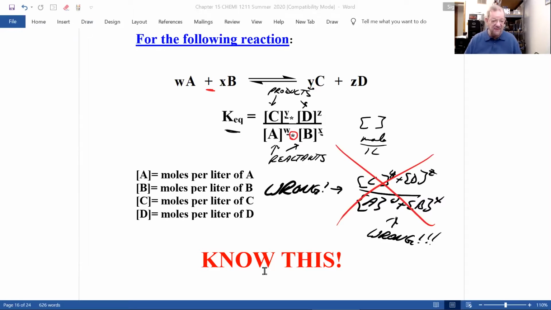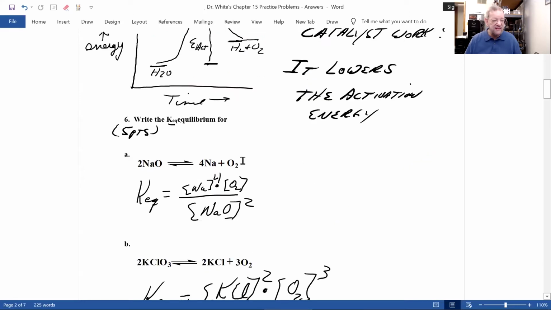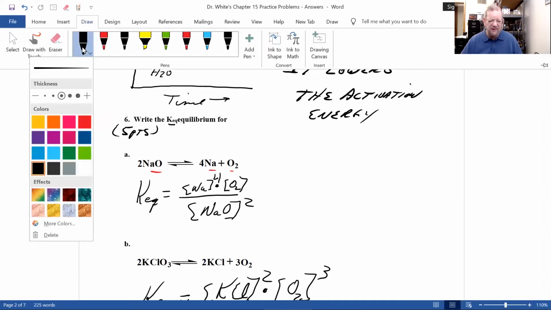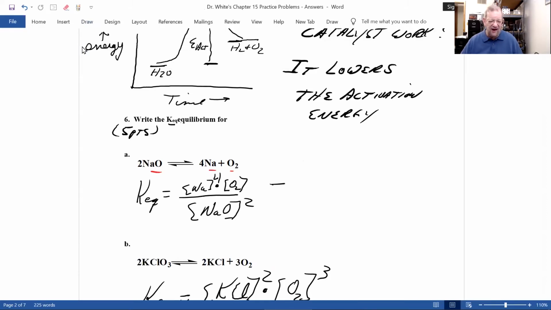So let's look at the problem. If we look at A, we have sodium oxide in equilibrium with sodium and oxygen. And remember, the products go on top, and the products are the chemicals on the right side, and underneath go the reactants, which are on the left side.